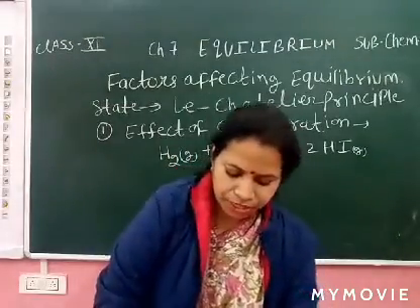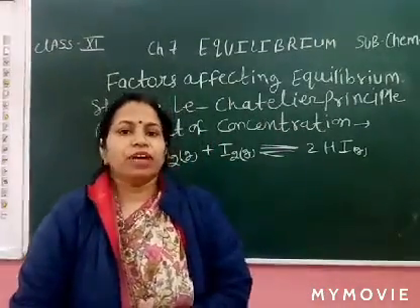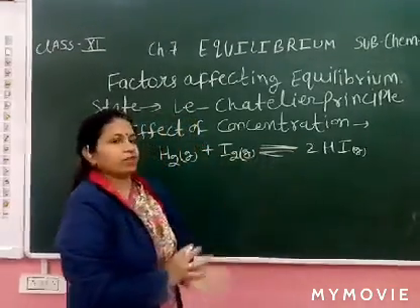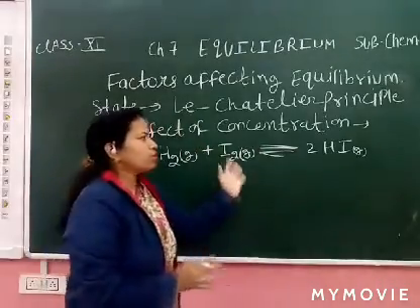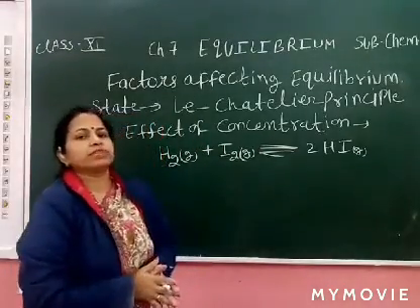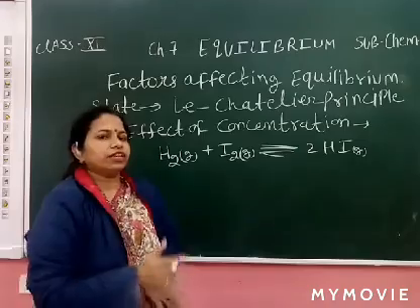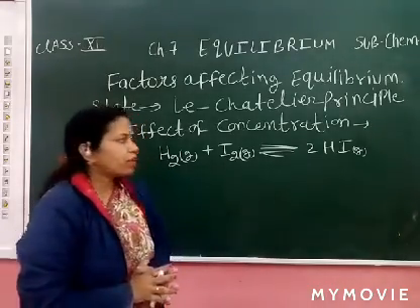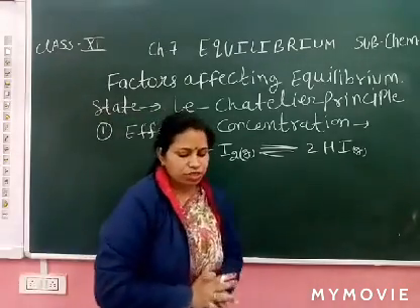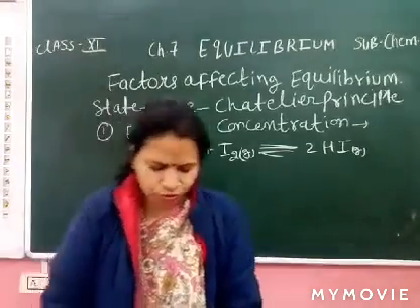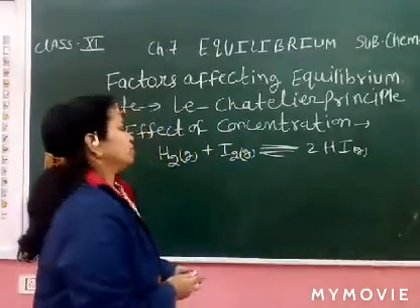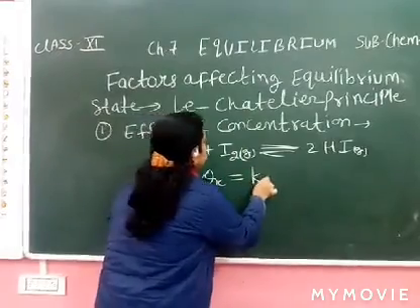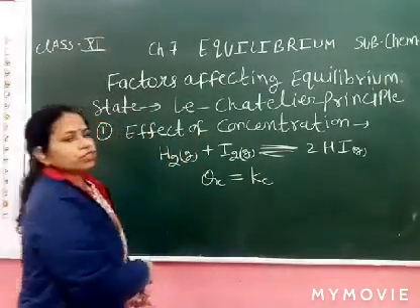So it explains the adjustment. When we change the concentration of the reactant and product, they want to remain at the constant equilibrium position. They oppose the effect of this change. So what happened in this condition? H2 plus I2 when reacted forms 2HI, so the reaction quotient becomes Kc at the equilibrium position.